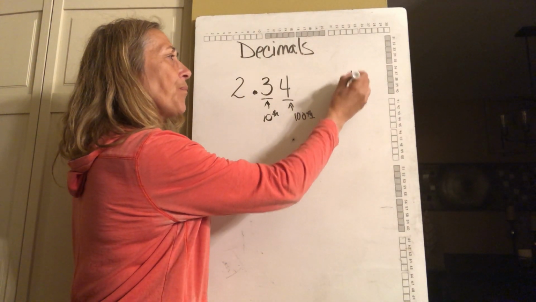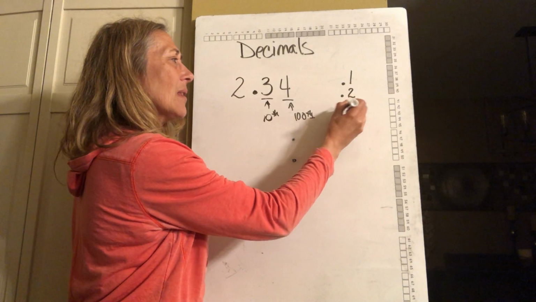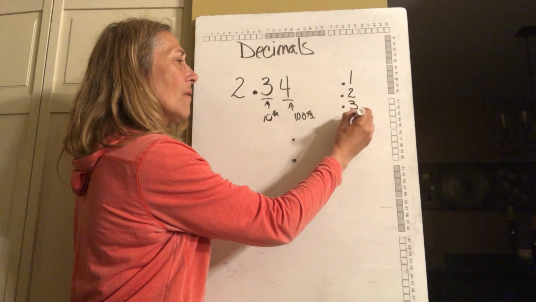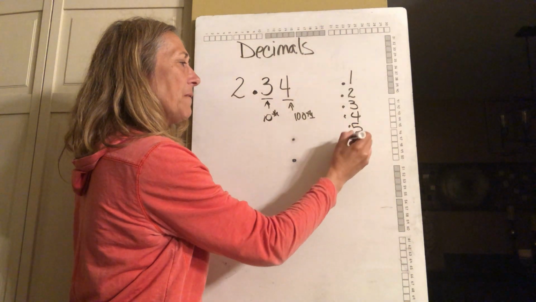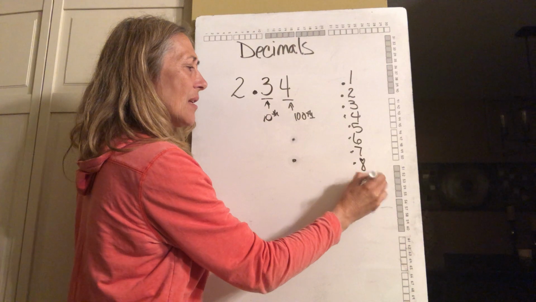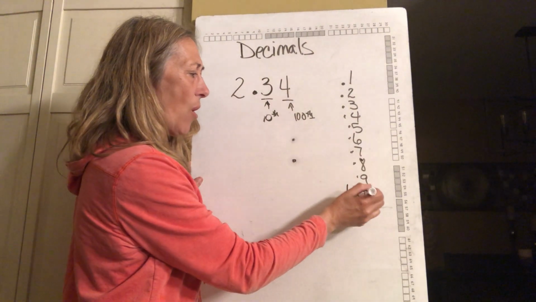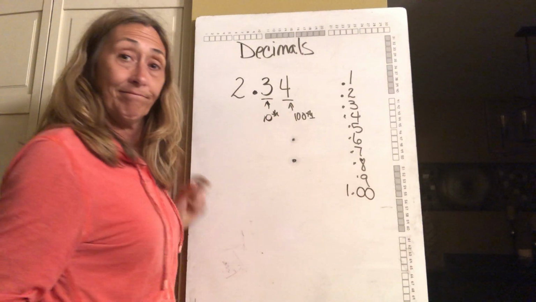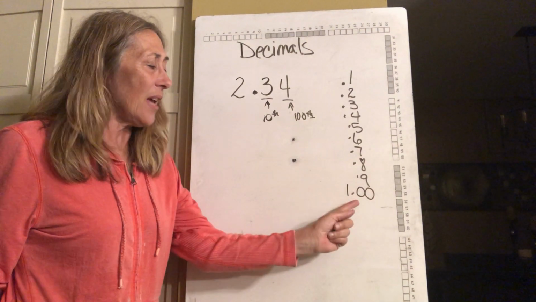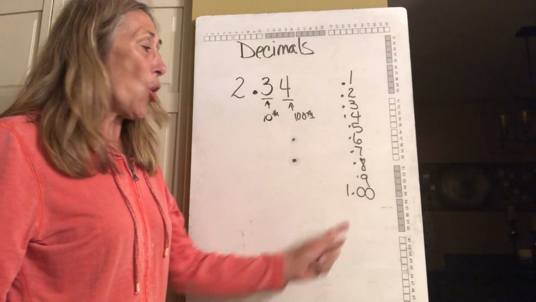If I were to go, there's 10th, 20th, 30th, 40th, 50th, 60th, 70th, 80th, 90th. And then when I go to 100, I have one whole and no tenths or hundredths. This is the tenth spot, and that's 3 tenths.